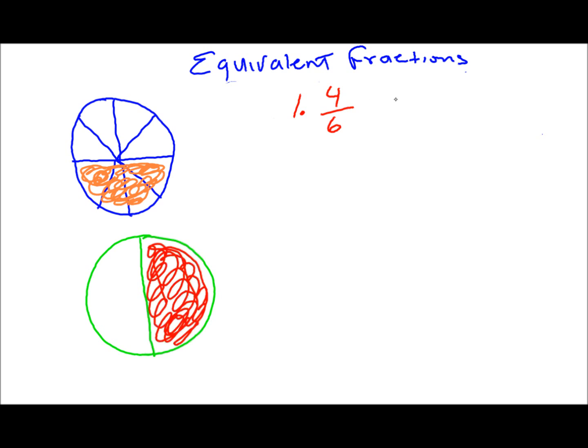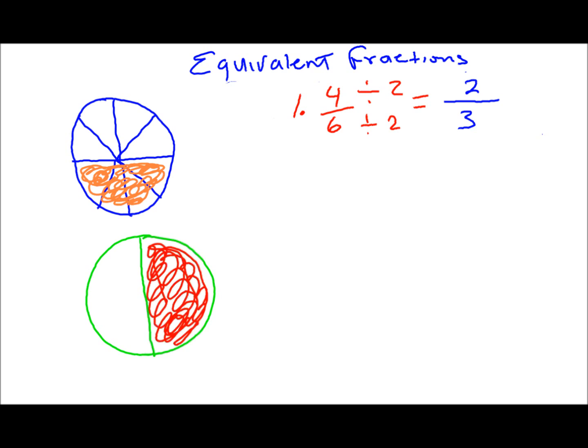So 2 is common for both. So what I can do is divide both of these by 2, and it should give me an equivalency. So if I divide here, I'll get 2, and if I divide here, I'll get 3.